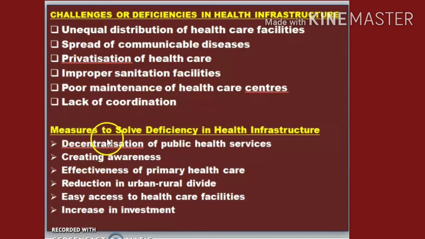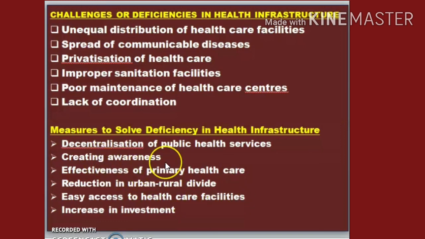So next is measures to solve deficiency in health infrastructure. The first point is decentralization of public health care services. If public health services are decentralized, all citizens can get better health facilities. Health services should be properly located in different areas according to the requirements.